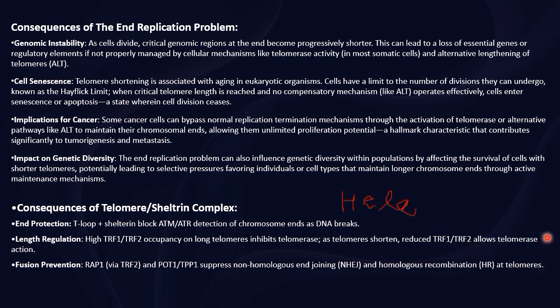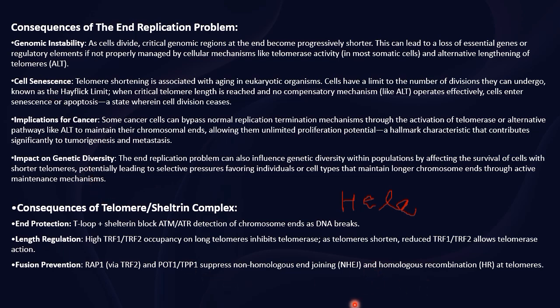This mechanism regulates the length of DNA so that the telomere doesn't lengthen too much or shorten too much. And there is fusion prevention. RAP1 via TRF2 and POT1-TPP1 suppress non-homologous end-joining and homologous recombination at the telomere, to prevent unnecessary DNA mutation which can cause conditions like cancer.